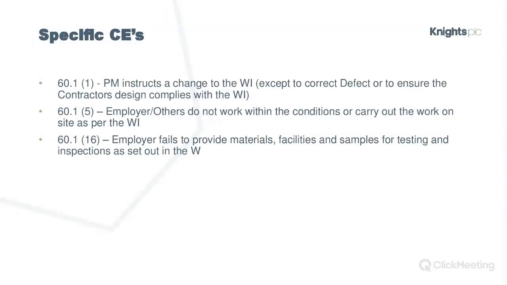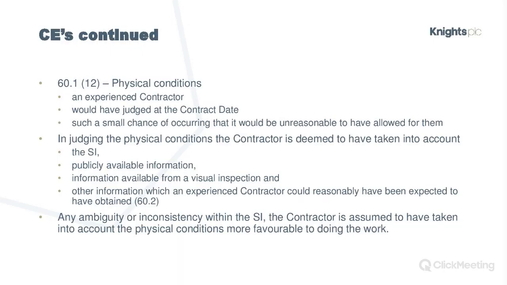And the final one, 60.1.6: the employer fails to provide the materials, facilities, samples, anything for testing as set out in the works information, the WI. So again, it needs to be specific so that you can say we were going to test, the works information said that the employer had to provide certain materials, the waste to go through the process, failed to do so, and therefore it's a compensation event.